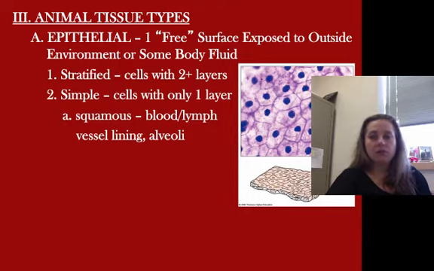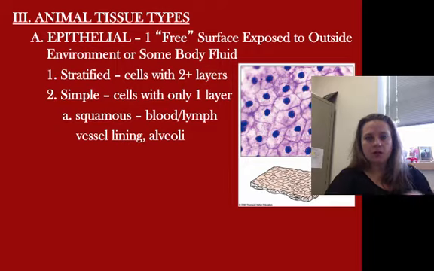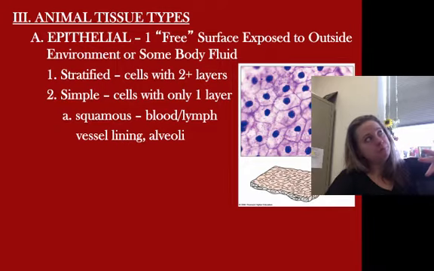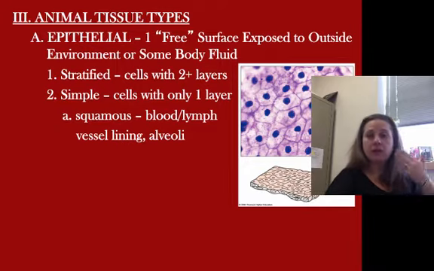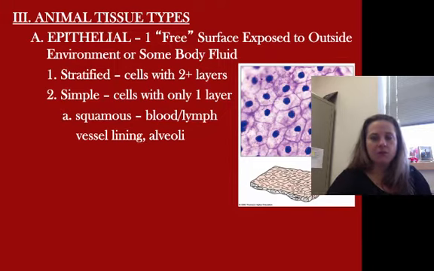They are the alveoli sacs in our lungs. They create a fine surface, like our cheek lining, and our skin surface is squamous cells. They're very round, and kind of look like the word sounds. They're squishy. They're squamous cells.